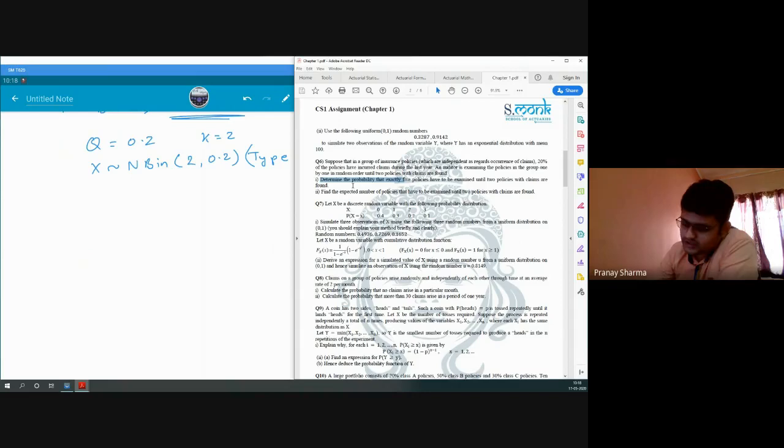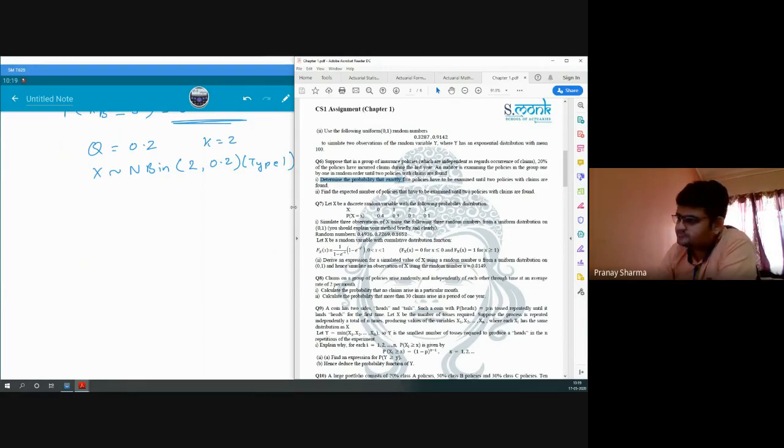So here it is type 1 because we are calculating the number of trials. If you don't write anything, we assume that it is type 1. Or you can write type 1, type 2.